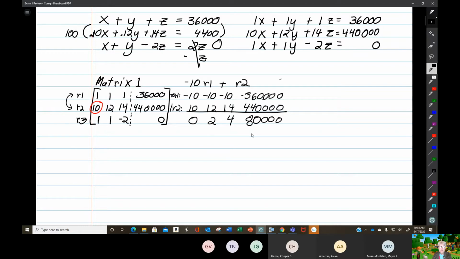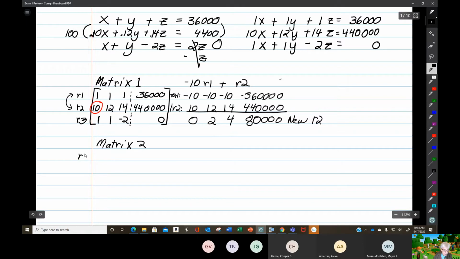Double check me and make sure that's right. This is going to be my new row 2. So I'll come down here to write matrix number 2. Yeah, that's right. Okay. Matrix number 2.